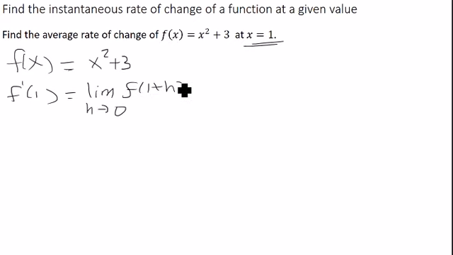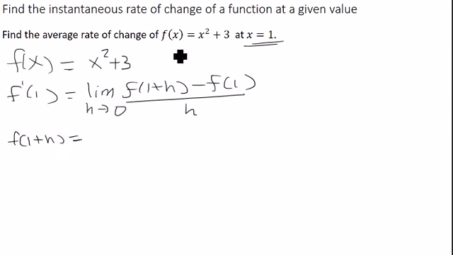And now we're going to find these values separately for each function, f of 1 plus h and f of 1. So let's find that. f of 1 plus h is the value of the function evaluated at 1 plus h.